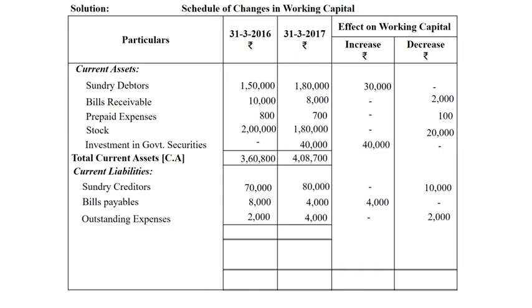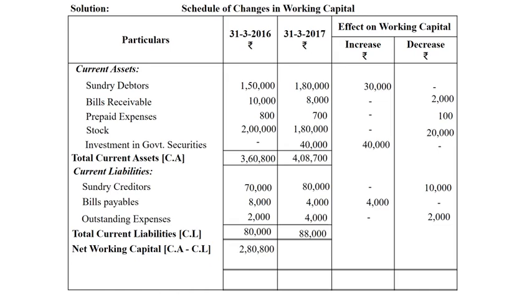Now the total of current liabilities. First year 80,000, second year 88,000. Need not total the increase and decrease columns here also. Now the next step is to find out working capital. We know that working capital is current assets minus current liabilities. Total current assets minus total current liabilities will give you the net working capital. 3,60,800 minus 80,000 is 2,80,800.